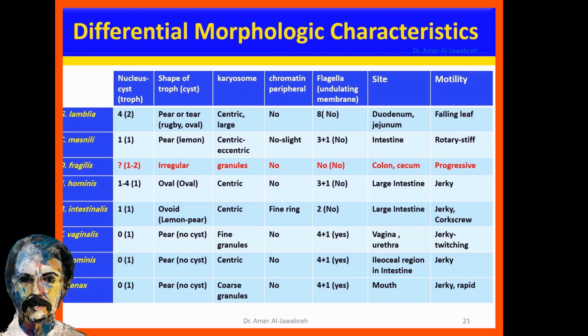And it was because of this they brought this parasite from the amoeba family and put it in the flagellate family. So we don't have flagella, but under the microscope, very small. Site, colon and cecum, large intestine. Motility, progressive. It moves like pseudopods, like amoebas, although it's an intestinal flagellate.